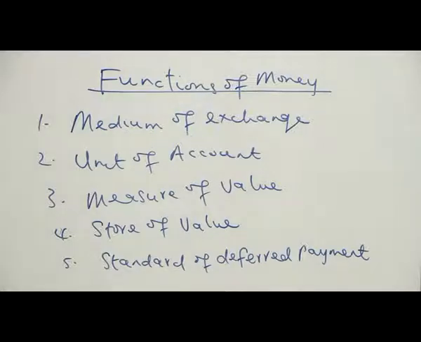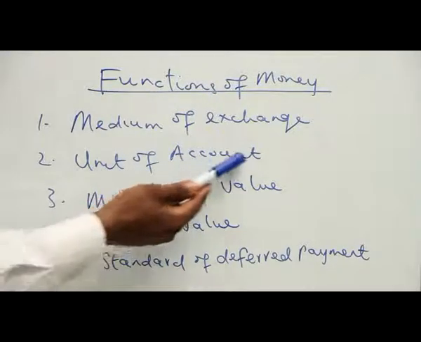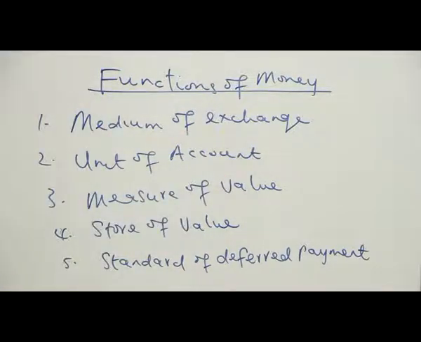Number two, unit of account. With the help of money, accounting is possible because the value of goods and services is measured in terms of money. That is, if you want to measure a commodity or a service, you measure it in terms of money. That's why we say money serves as a unit of account. The third one, measure of value.